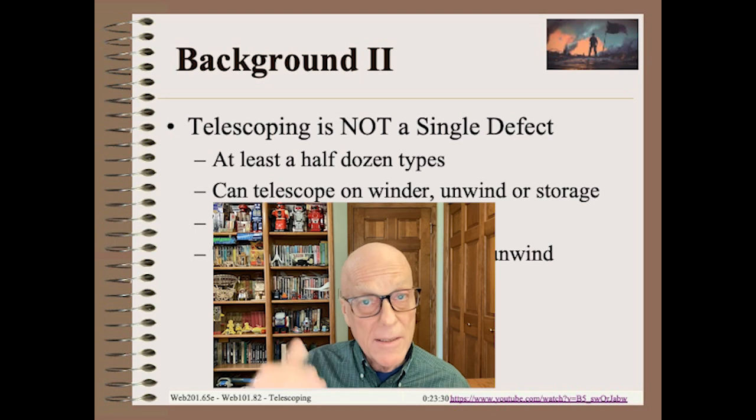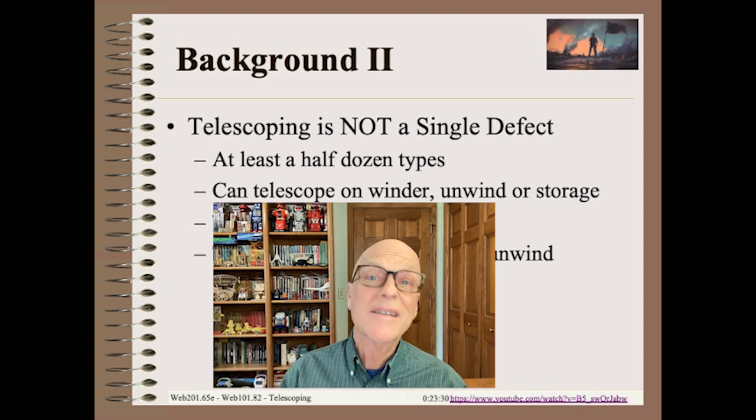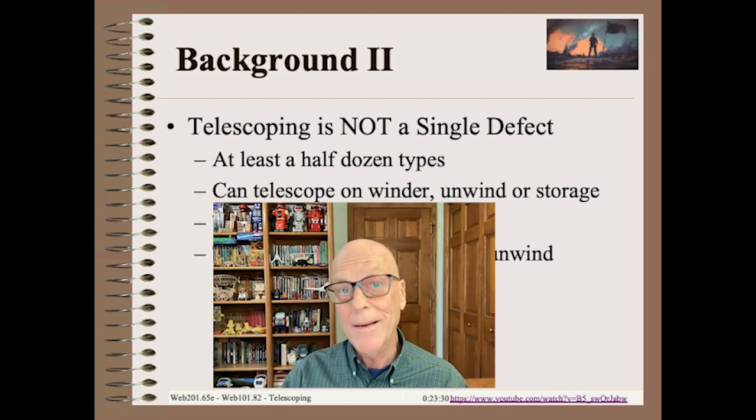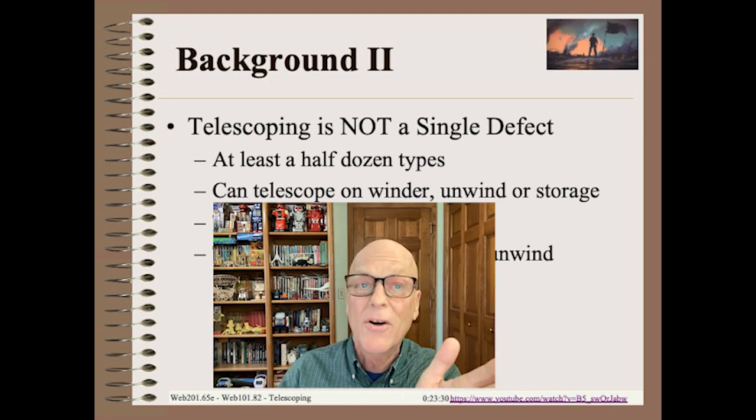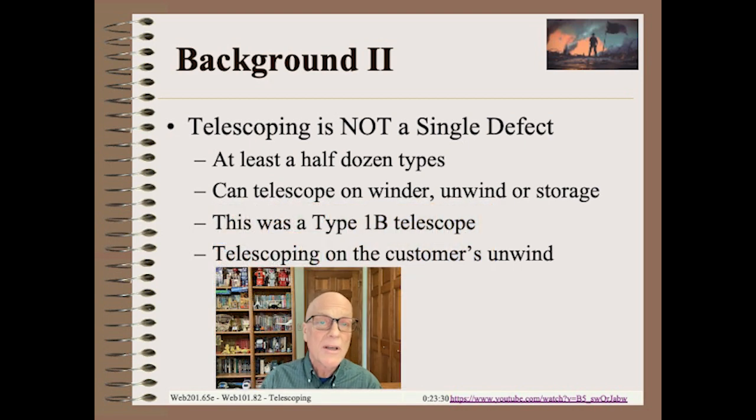Some types telescope on the winders, others on the unwind, others during handling, and others still during storage. The particular type we were working on was a Type 1 telescope that occurs on the customer's unwind. You can find a truly deep dive into this wide world of telescoping on the Dave's Defect show listed below.